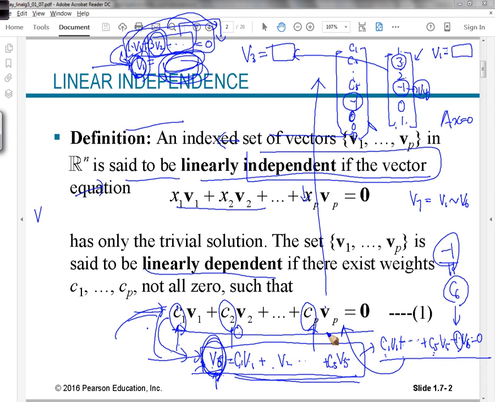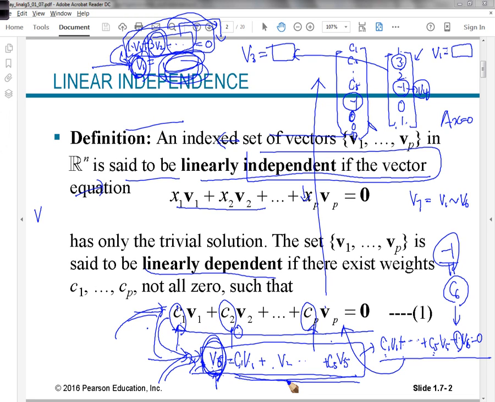In that case, can we still say this is linearly dependent or not? Again, we were able to obtain this equation, but all the coefficients to represent V6 were 0. Can we still say that is linearly dependent or not?